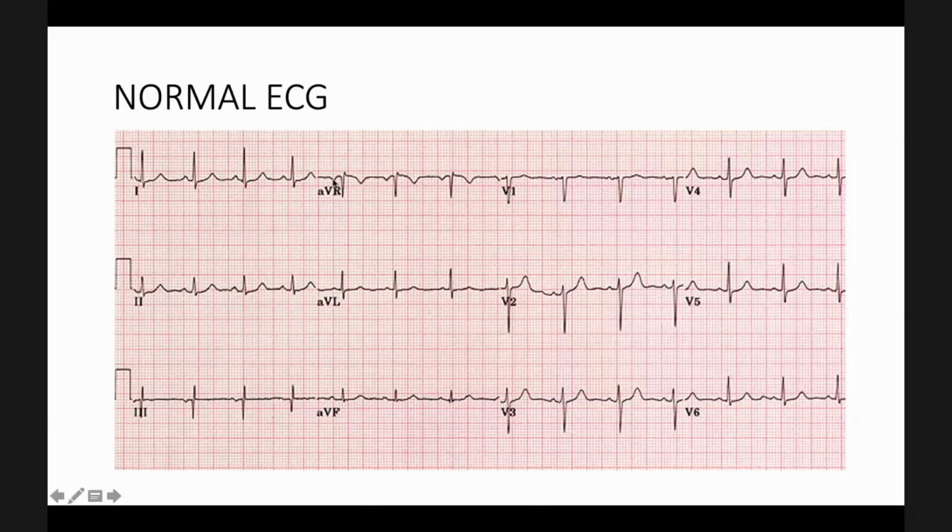Usually in AVR everything is negative: the P is negative, the R is negative, and the T is also negative. Whereas in the AVL lead, everything is positive.